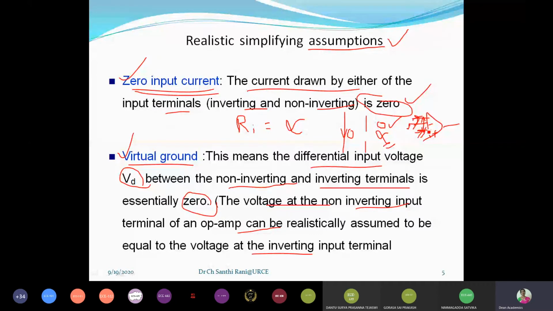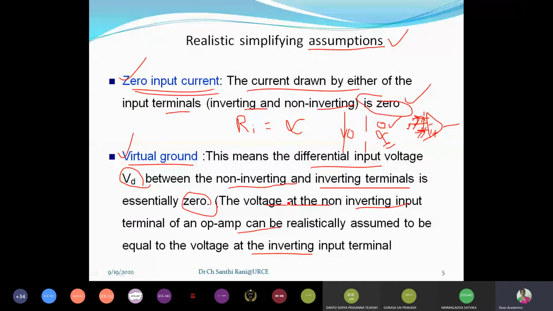What does that mean? If at the inverting input terminal 1 volt is there, at the non-inverting input terminal also the same 1 volt will be there and the difference will be 0. So we call it virtual ground, meaning the differential input voltage VD between the non-inverting and inverting input terminals is 0.